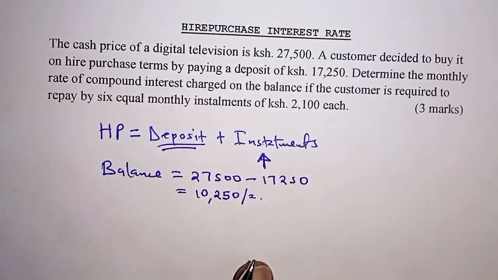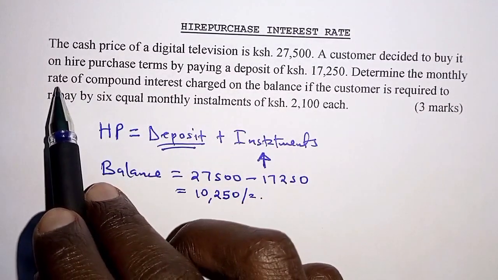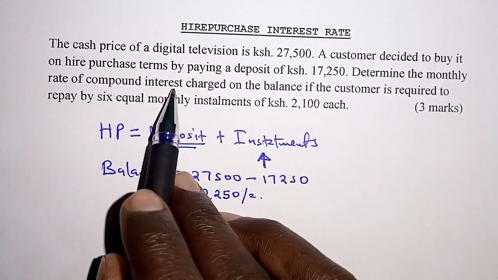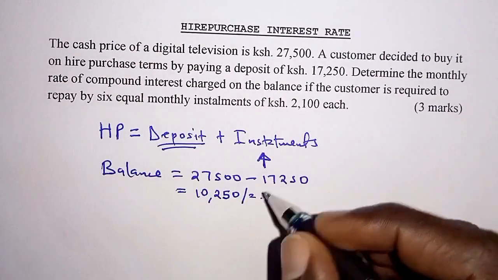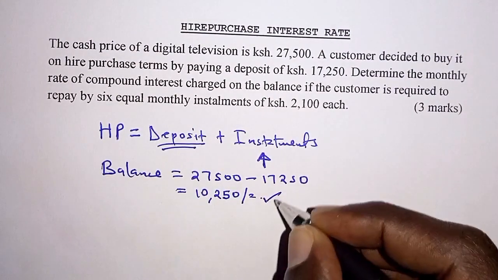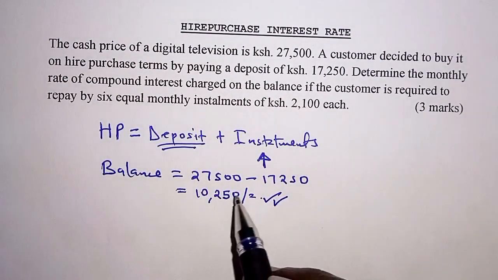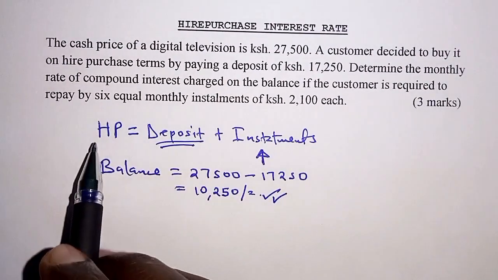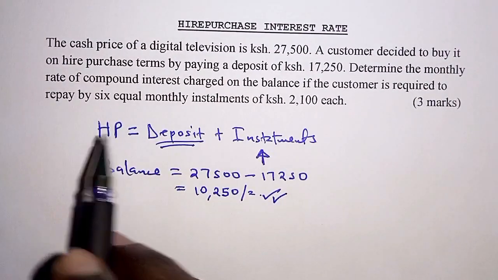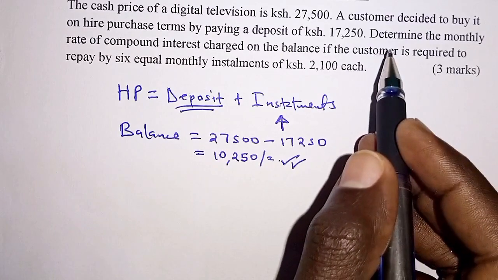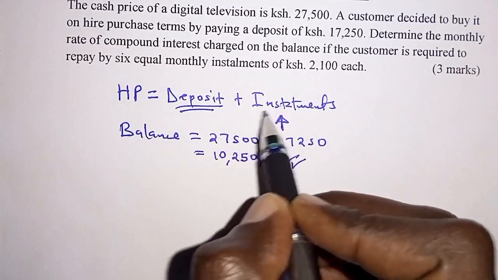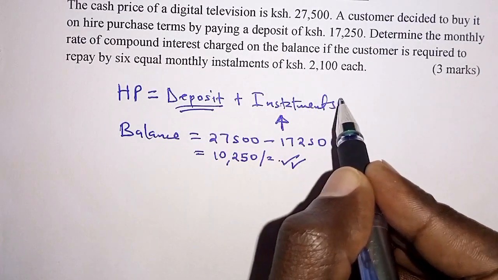Well, what is required is the rate of compound interest charged on the balance. That is the rate of compound interest charged on 10,250 if the customer decides to buy it on hire purchase price. As we've been told, the rest of the amount is to be paid in installments.